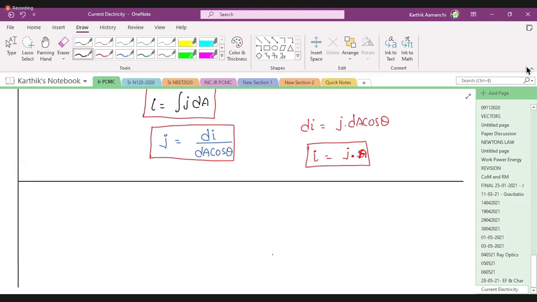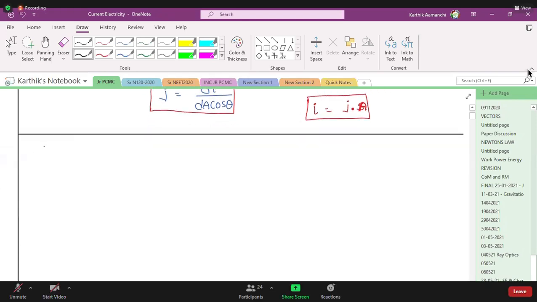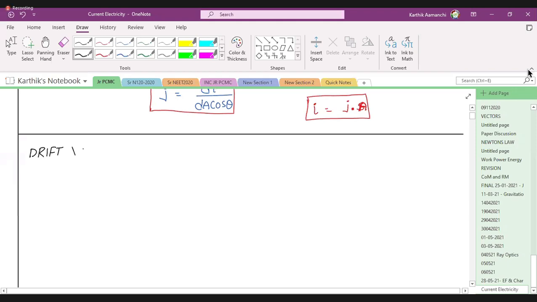For that, we are going to introduce some terms called drift velocity. Now you don't ask me what is drift velocity. Take it as Vd.